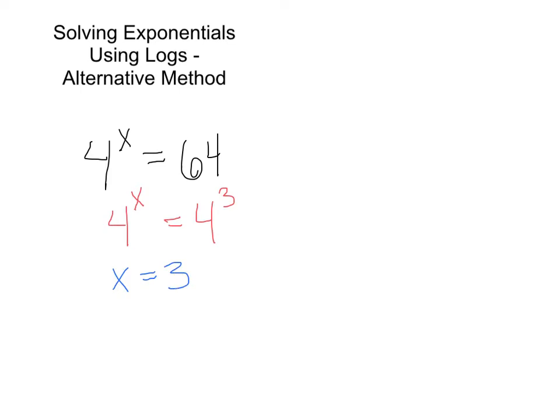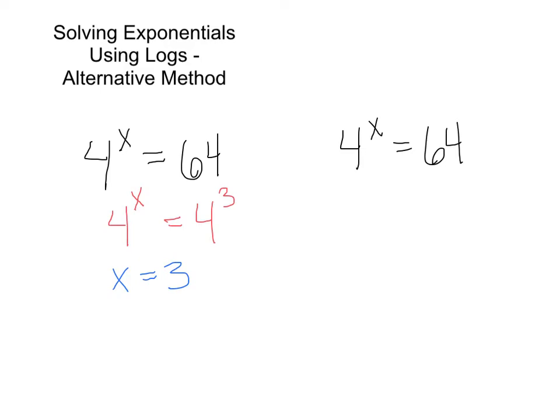This is an excellent way to solve this problem, but we can solve it using logs as well. Again, let's start out with 4 to the x equals 64. Before you try to convert anything with a common base, let's change it into the log form of the equation. We're going to convert 4 to the x equals 64 into a logarithm.